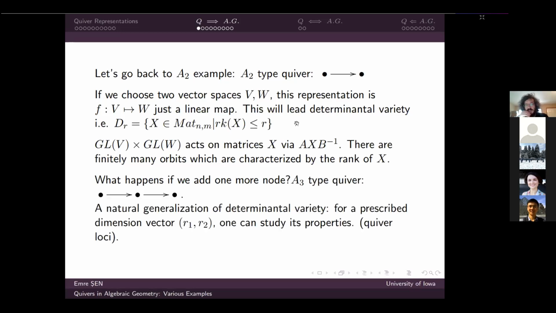Here we have an A3 type quiver, and we can consider the vector spaces V1, V2, V3, and we have maps between them, and we can choose a dimension vector for these, R1 and R2, as possible ranks, and one can study its properties. And basically, this is the quiver loci or quiver determinantal loci, and there are many works of Fulton and also Buch, right? One can study those. Okay.